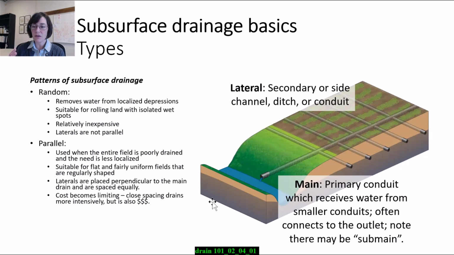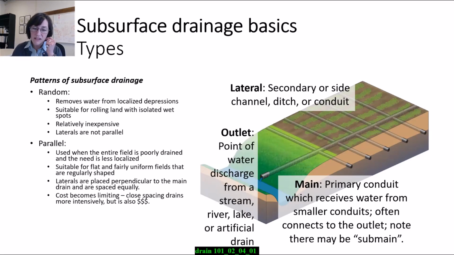If you have submains, those are larger branches that lead to the main, and then the main is the trunk of the tree. You can think about a parallel drainage system with a tree analogy there. And then the outlet is the point of discharge from a stream, a river, a lake, or an artificial drain. So we talk about the outlet of the drainage system a lot. This is just typically where the pipe daylights into a stream.